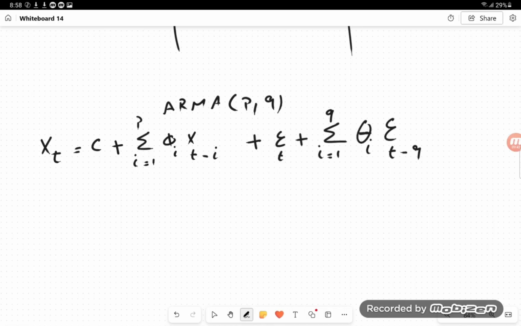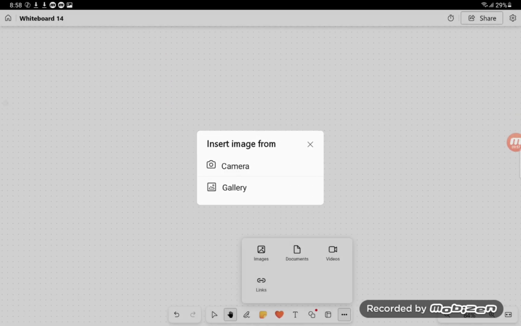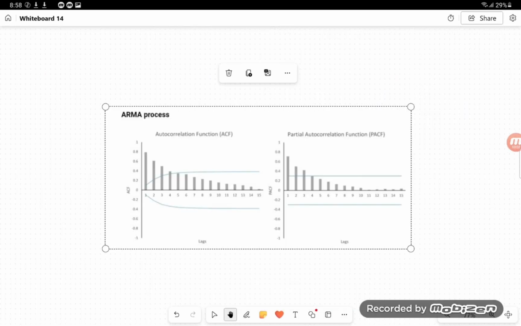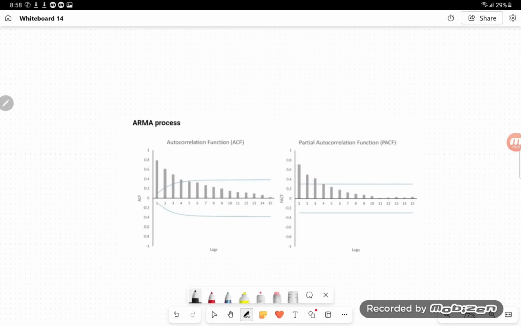If you look at the same ACF and PACF, the ACF is going to decay gradually, and the PACF as well decays gradually.